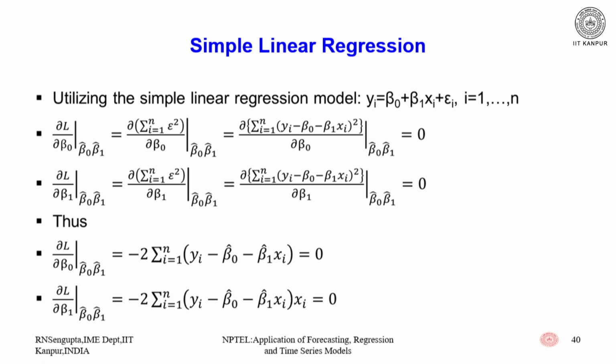The error is the actual values, where I am putting a red tick mark, yi, for i equal to 1 to n, minus the predicted values, where I will use the green color: the intercept, obviously with a minus because you are subtracting it, beta 0 hat, which we have to find out, minus beta 1 into xi, i equal to 1 to n, and that difference you square.